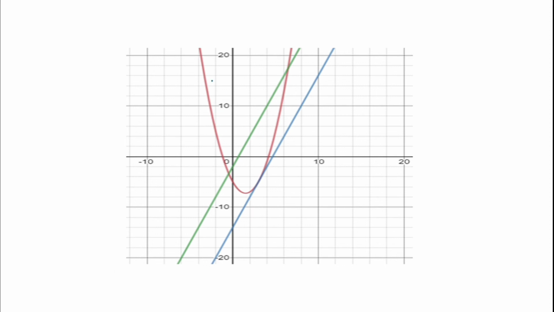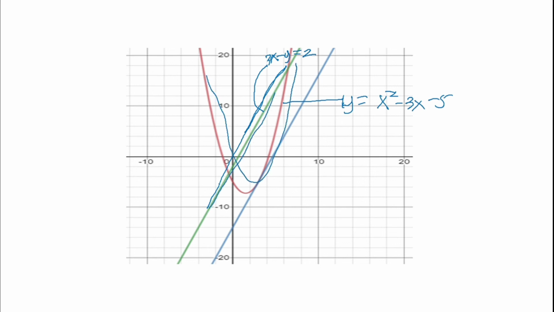So this is the equation, y is equal to x squared minus 3x minus 5. This is the first equation that we had. So we have 3x minus y is equal to 2. Since we need to find a line parallel to this, the slope of this and the slope of that are equal, because they are parallel.